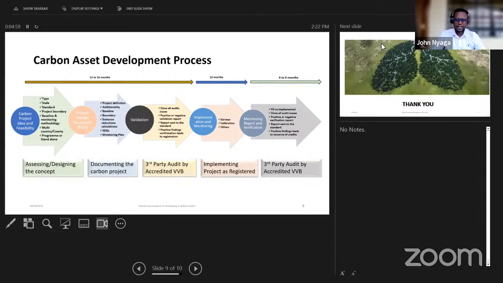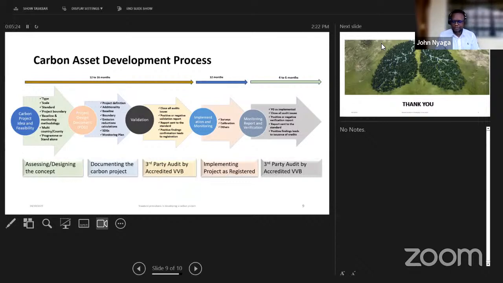And out of that, number 2, based on the type, you look into a standard. Carbon projects have things we call carbon standards. Your carbon project gets registered to a standard. We have quite a number of standards at the moment. We have the common ones, for example, VCS by Verra.